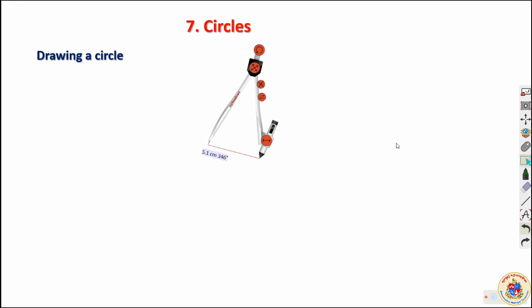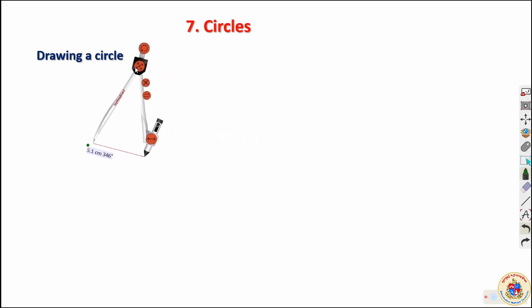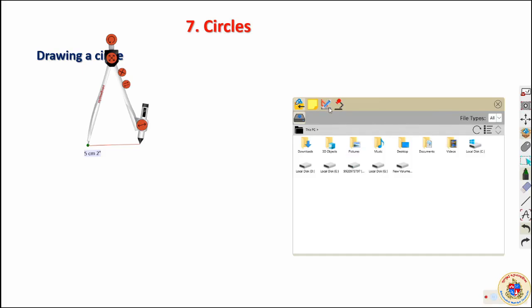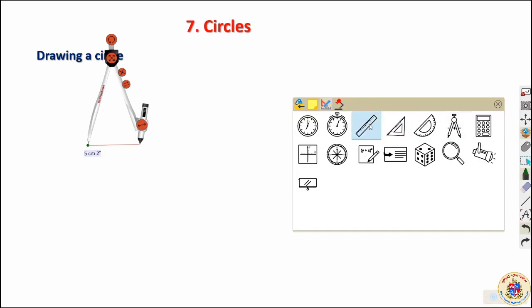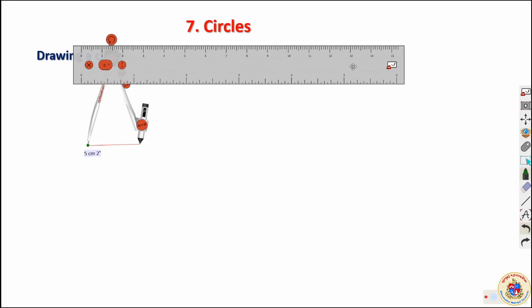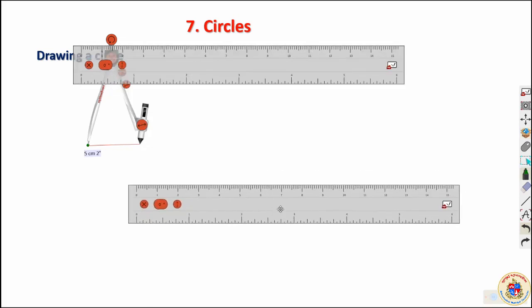You will decide where to draw the circle, which will be considered the center of the circle. And you will bring the compass over there. Adjust the span of the compass, which will decide the radius of the circle. Suppose it is 5 centimeter, you will measure 5 centimeter with the compass on the scale, and you will take that measure from the scale and draw the circle.